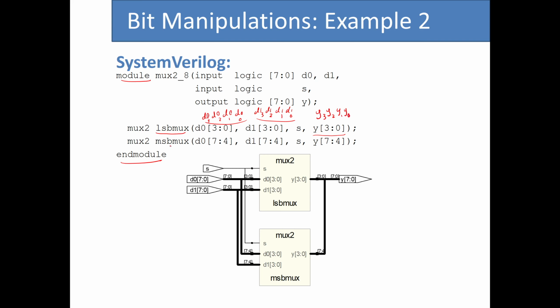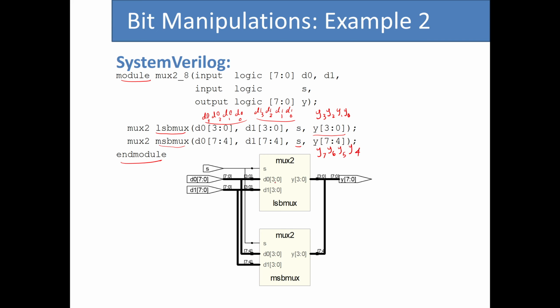And then the next one is another instance of max2, but this one is called MSB max, or most significant bits max. And we use the most significant half of the two inputs, D0 and D1, plus the single bit select input, and then we assign it to Y7, Y6, Y5, and Y4.